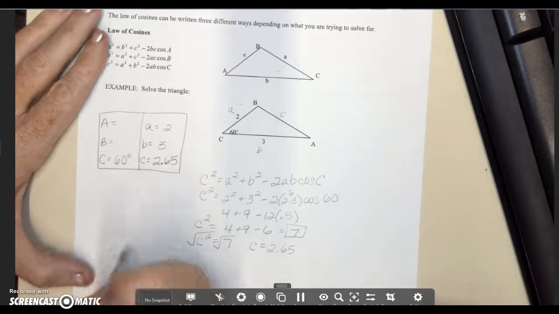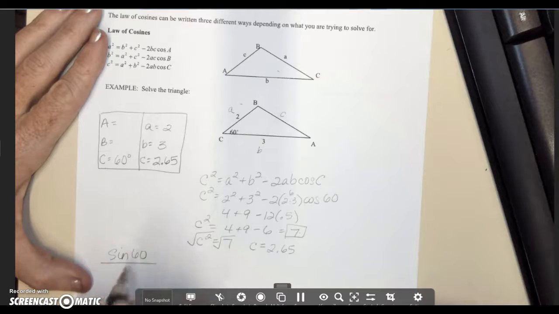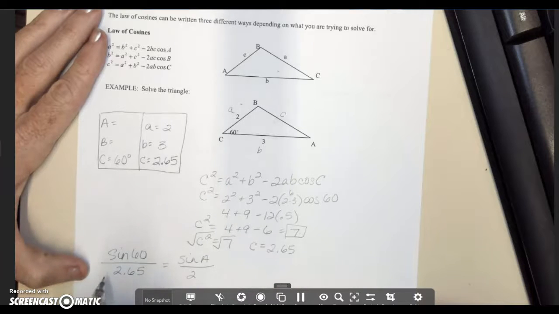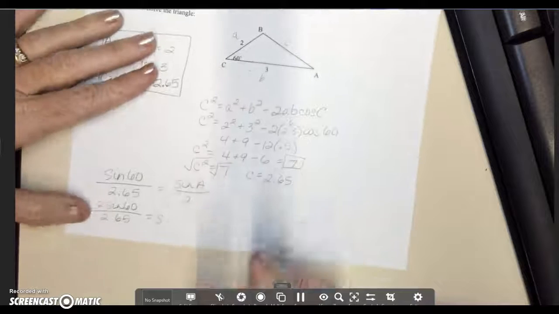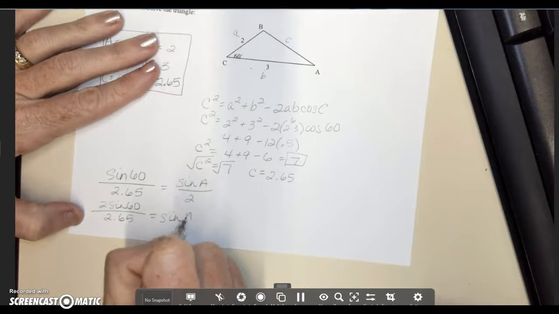So now you can use sine of 60 over 2.65 equals, let's do sine of A first, sine of A over 2. So 2 sine 60 divided by 2.65 is going to equal sine of A.